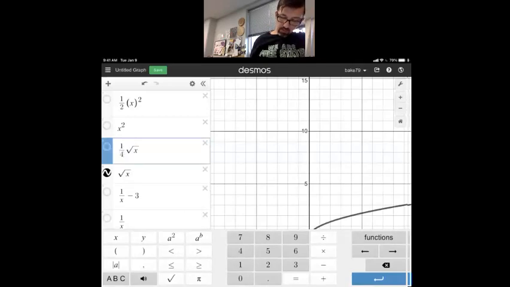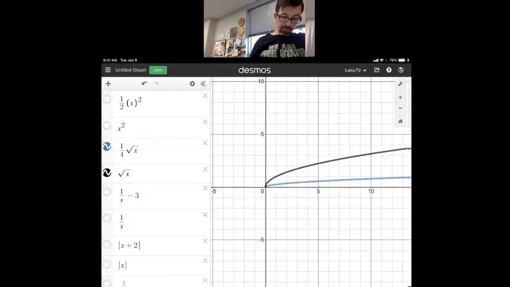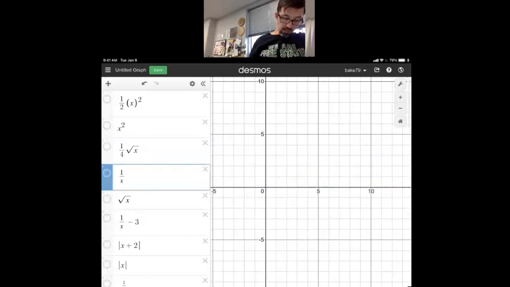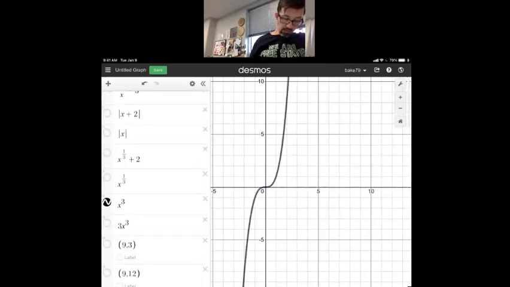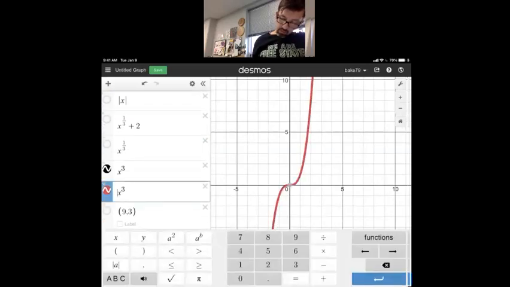Okay, so we see that the graph of the square root of x is just that flattish curve off to the right. And so with 1/4, we get a much flatter curve that's really being pushed down here. And then cube, we went from x cubed to 1/3 x cubed.